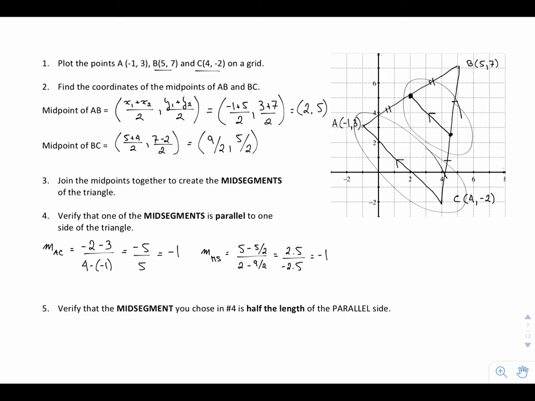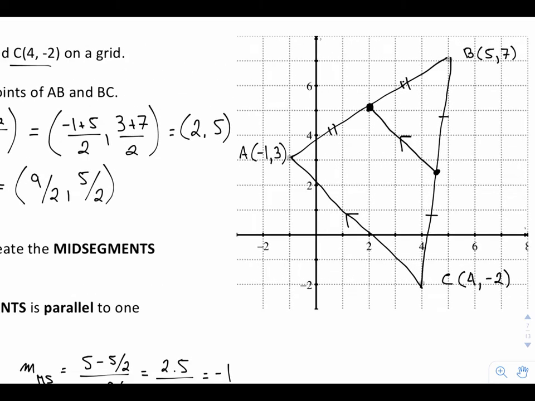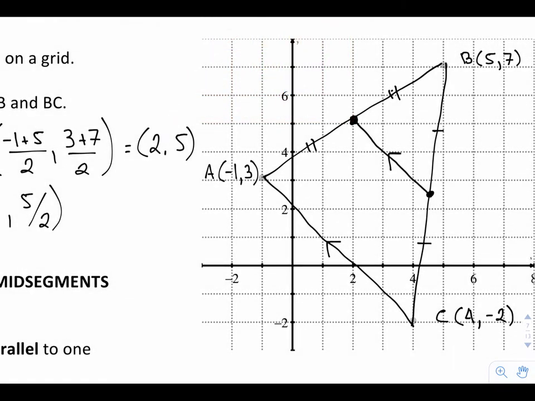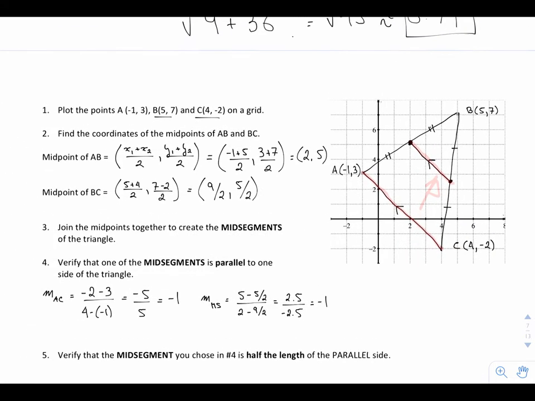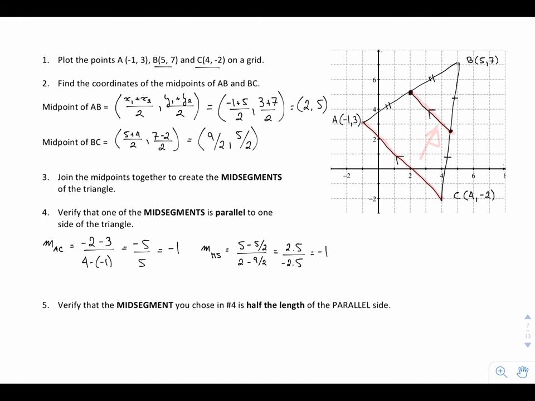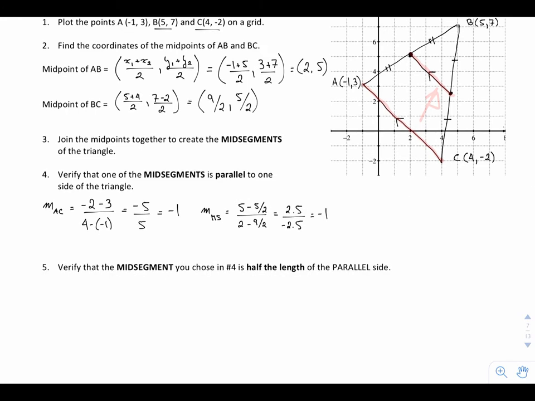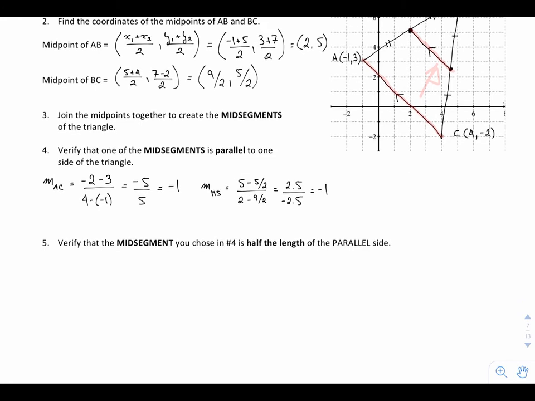Well, if something is half the length, if I were to find the length of this side here, and divide it by 2, I will get this one, then I've proven my statement. So let's start on that idea. Let's find the length of both the mid-segment and the side AC and see what we get.